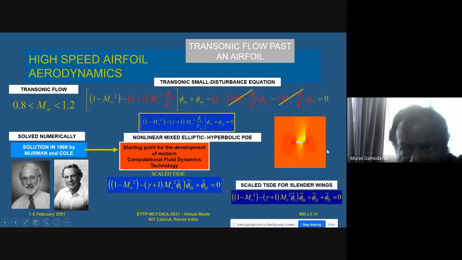And the trick here is this is a mixed flow. You have subsonic flow, and you have supersonic flow embedded inside subsonic flow. So the computation of this was quite challenging for many years, and we will look into this a little bit later, what spurred further action.